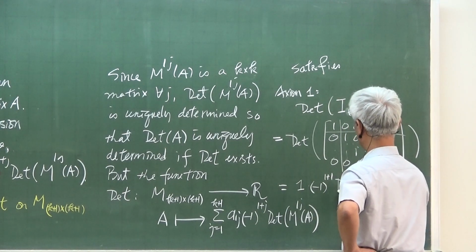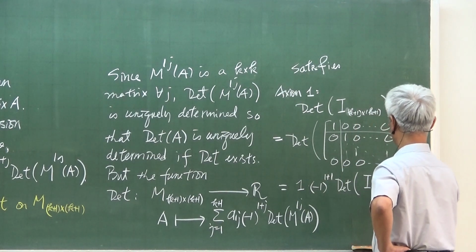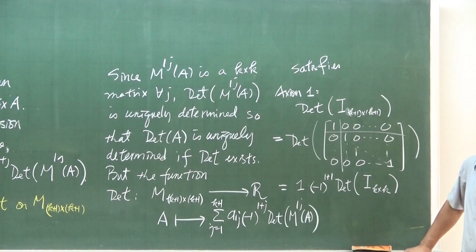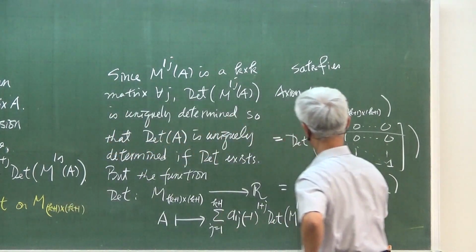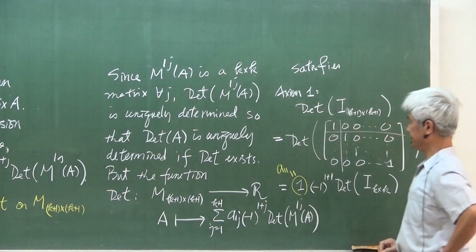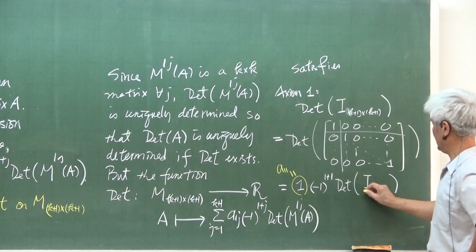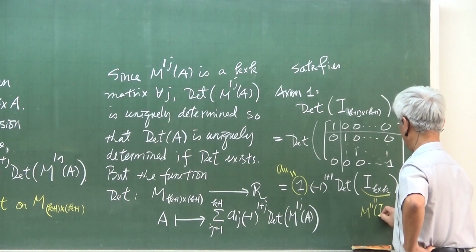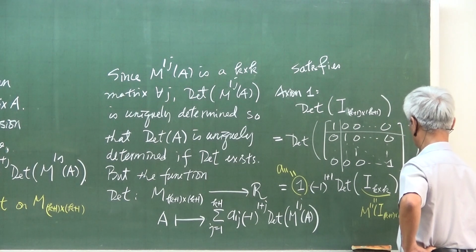And the determinant of the minor is the identity, k times k, because this entry is A11, and this one is equal to M11, the identity of size k plus 1 by k plus 1.